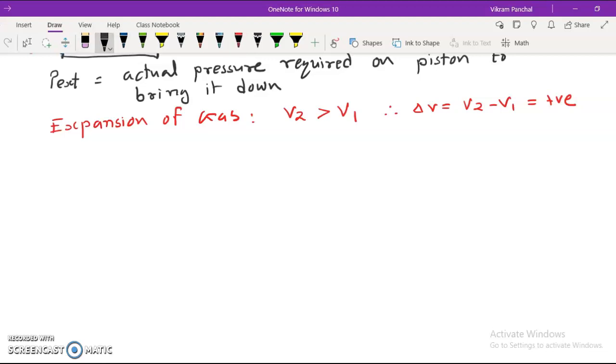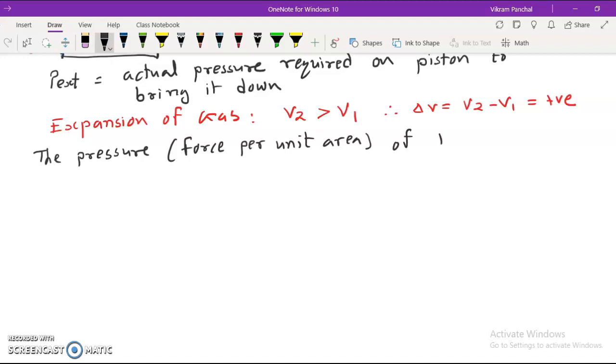The pressure, which is basically force per unit area of the gas, exerts a force on the piston.